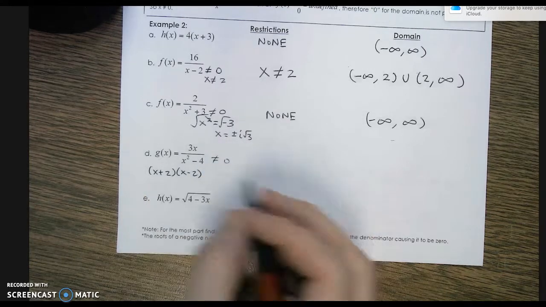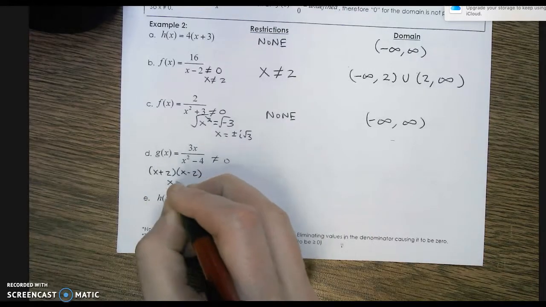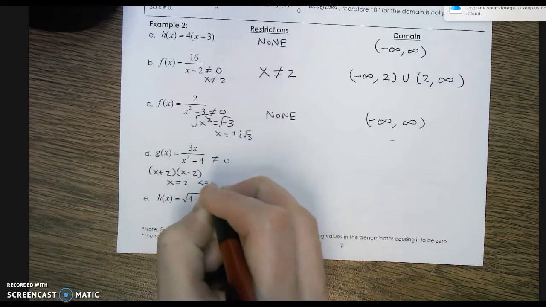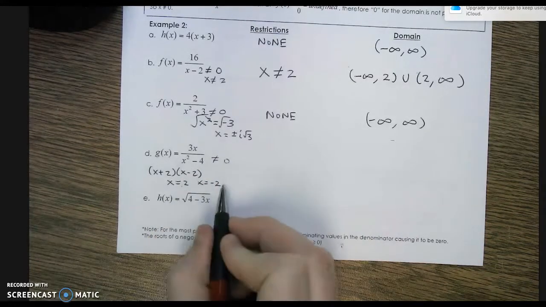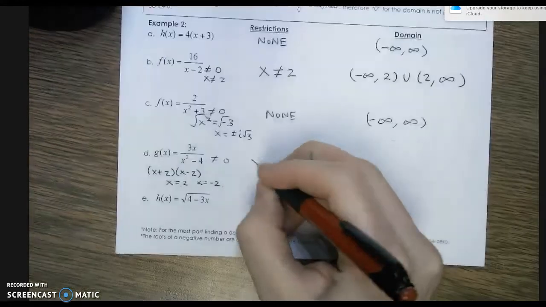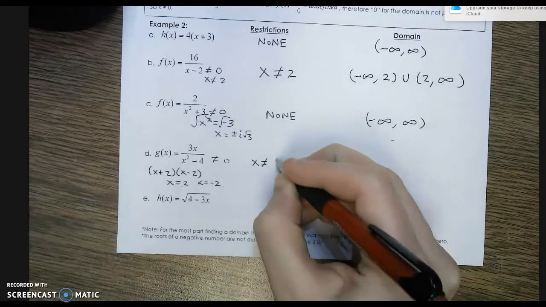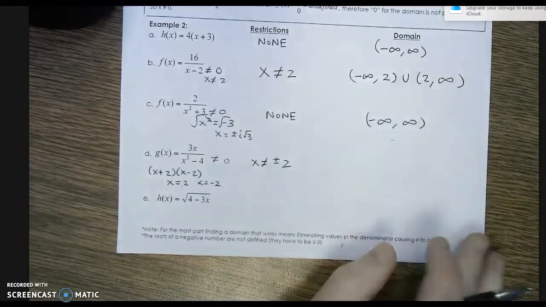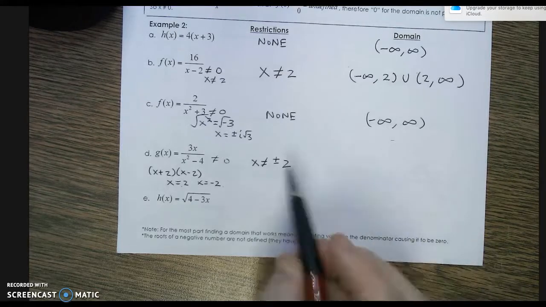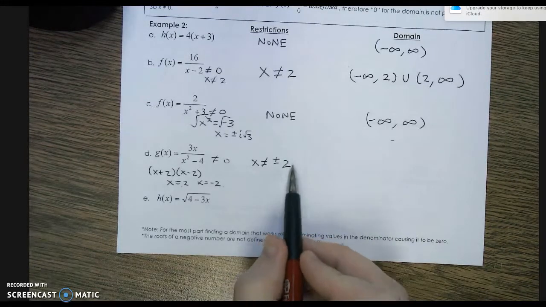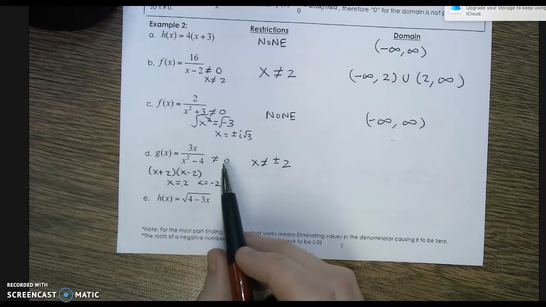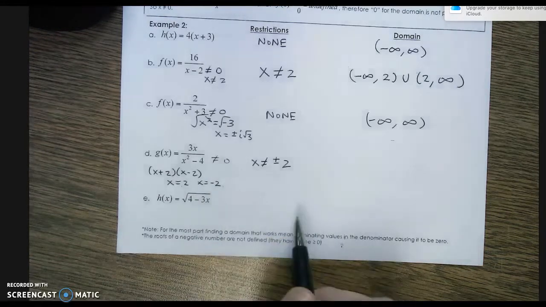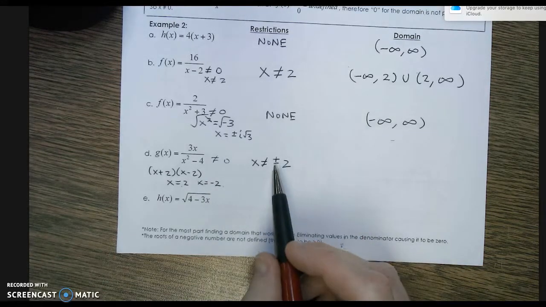But either way you solve it, we're going to see that x equals 2, x equals negative 2. So those are our restrictions. That's what x cannot be. x cannot be plus or minus 2, positive or negative 2, because if I plug in positive or negative 2, I will get 0 in the denominator, which will give me an undefined answer.